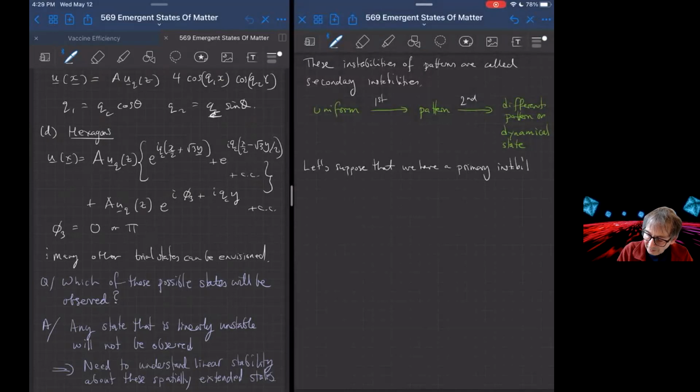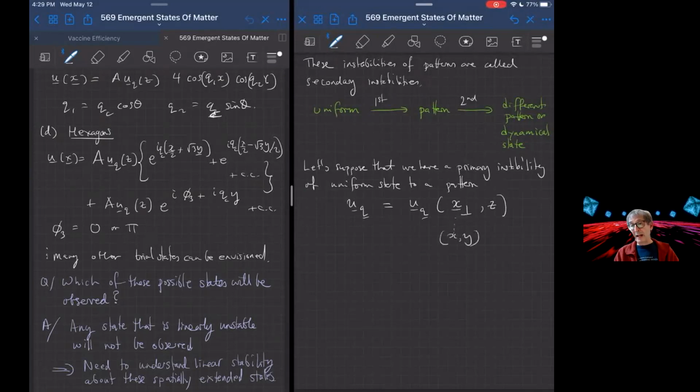So we'll call the first instability the primary instability of a uniform state to a pattern. I'll write that pattern as U_q. It has a wave number q, and I'll write this function as U_q of x perpendicular and z, where x perpendicular is just x and y.